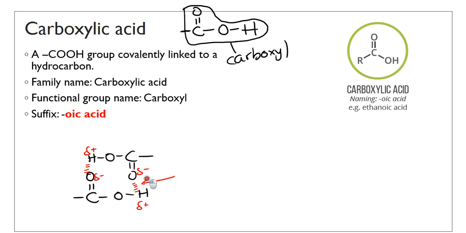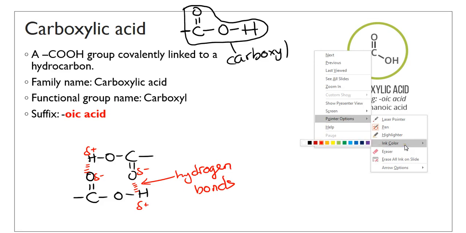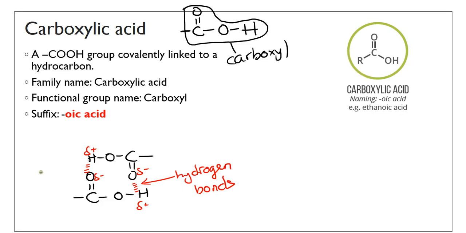So you can form two hydrogen bonds between two carboxyl groups, and this particular structure is called a dimer. So very, very strong intermolecular forces because you have two hydrogen bonds per pair of carboxyl groups.